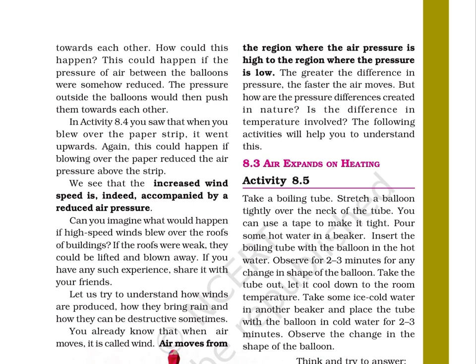In activity 8.4, you saw that when you blew over the paper strip, it went upwards. Again, this could only happen if blowing over the paper reduced the air pressure above the strip. We see that the increased wind speed is indeed accompanied by a reduced air pressure.